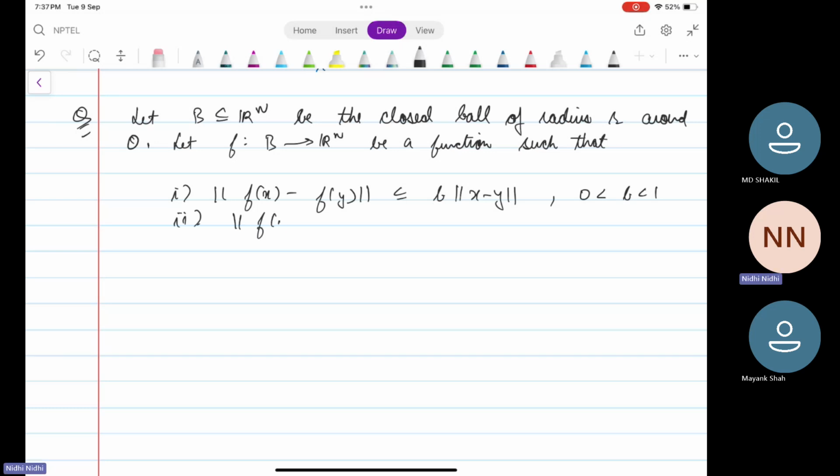Second condition, we have norm of f(0) is less than or equal to r times (1 minus b). Then we need to show that f has a unique fixed point in B.